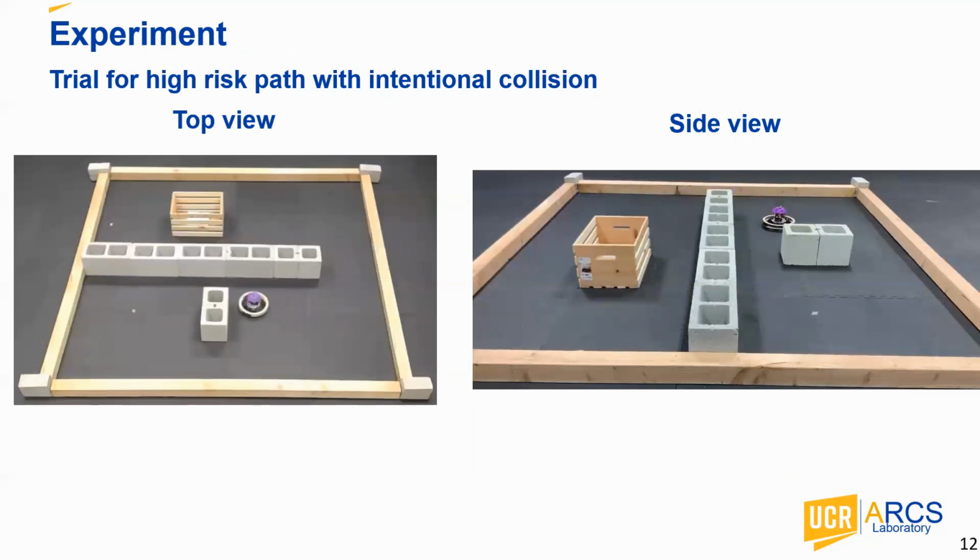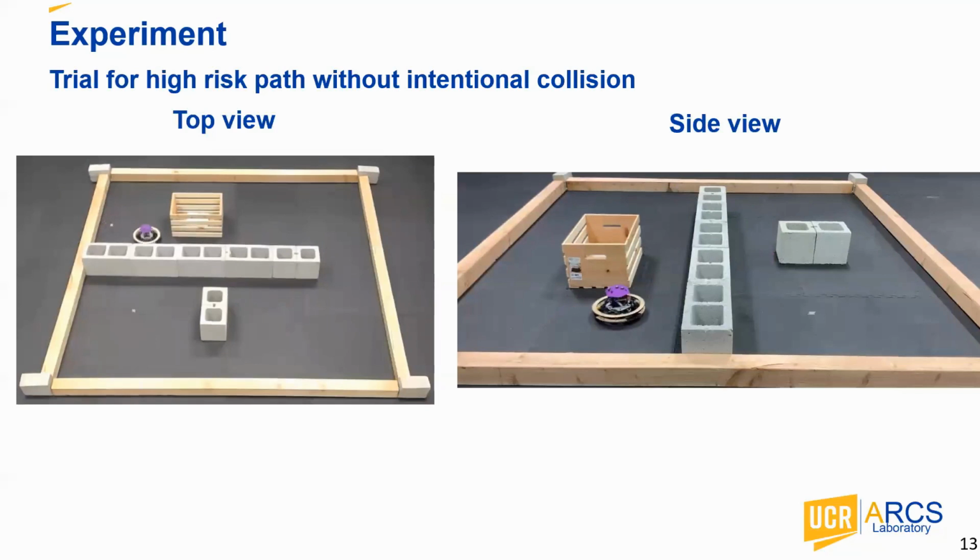We can see that the robot does not decelerate at the frontier and tries to utilize collisions. This video shows a trial for a high-risk path without intentional collisions. You can see some obvious decelerations when the robot approaches the frontier.